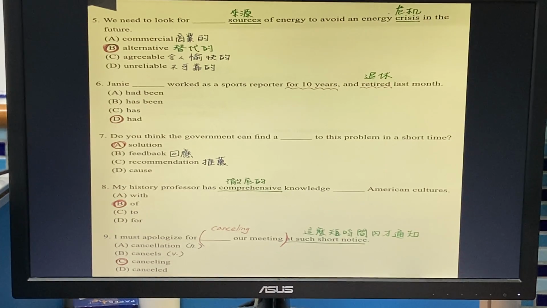为什么这里用 had 加 PP？因为后面 retired 是过去式，在他退休之前已经做了10年，所以要比过去还过去，就用 had 加 PP。Number 7, do you think the government can find a solution to this problem in a short time?